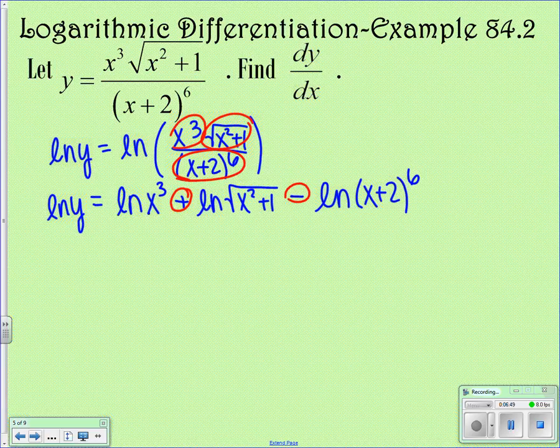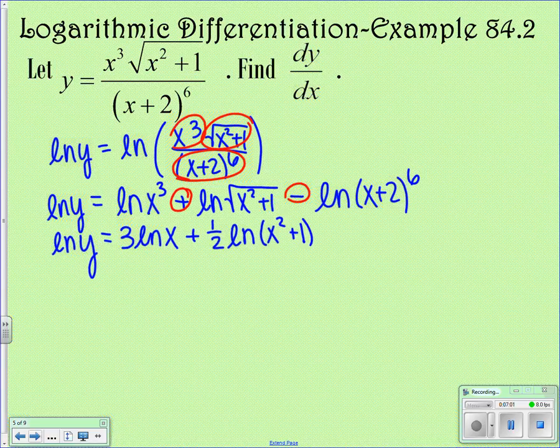So now we move all of our exponents to the front. 3 ln of x plus 1/2, because it's a radical, so you have an exponent of a 1/2 here, minus 6 ln of x plus 2. And so now you take the derivative of each individual term. And so we have 1 over y, and we took it with respect to x, so there's our differential.